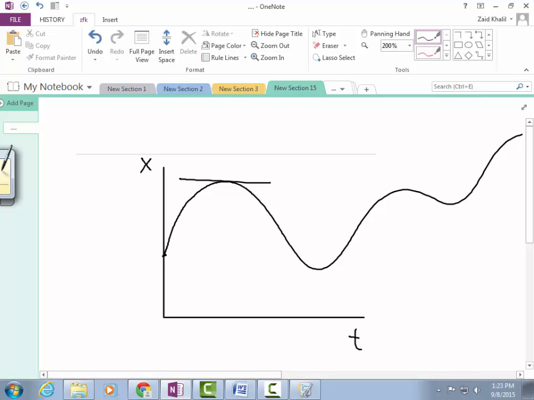So this point, this point, this point, this point. Notice I said relative extrema. What do I mean by that? Are they the extrema of this graph, yes or no? No. Why? Because the extrema of the entire function can occur at what points?